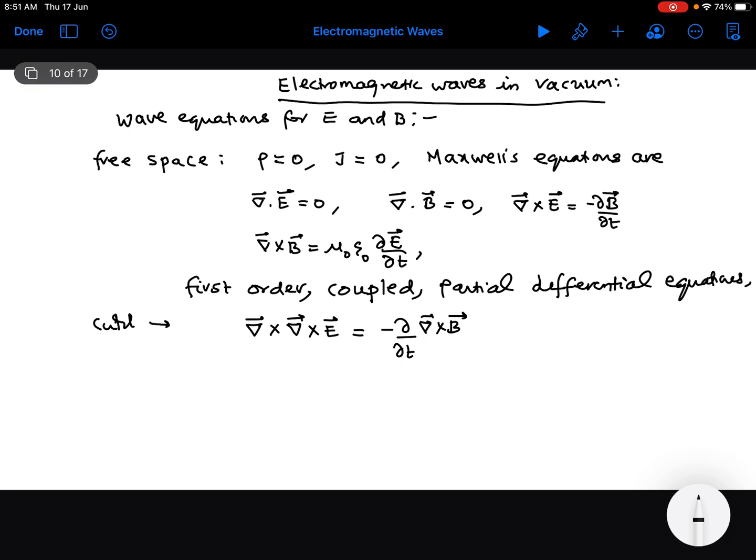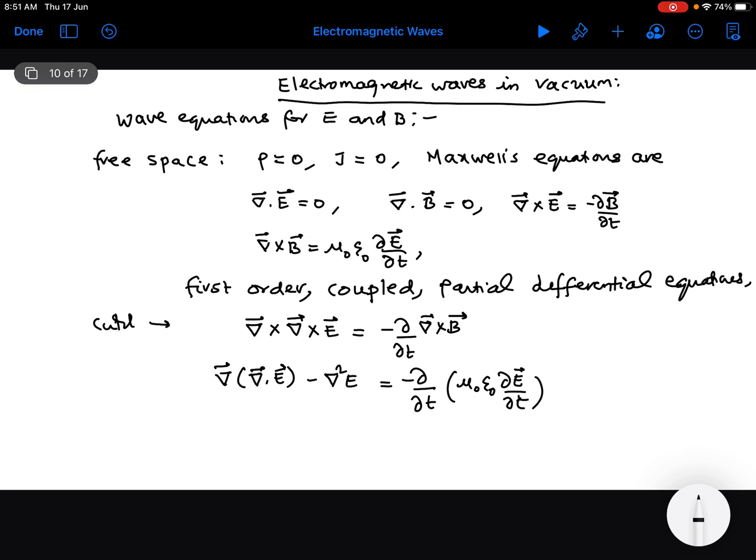Further we can write this as gradient of divergence E minus del square E is equal to minus dou by dou t of mu naught epsilon times dou E by dou t.